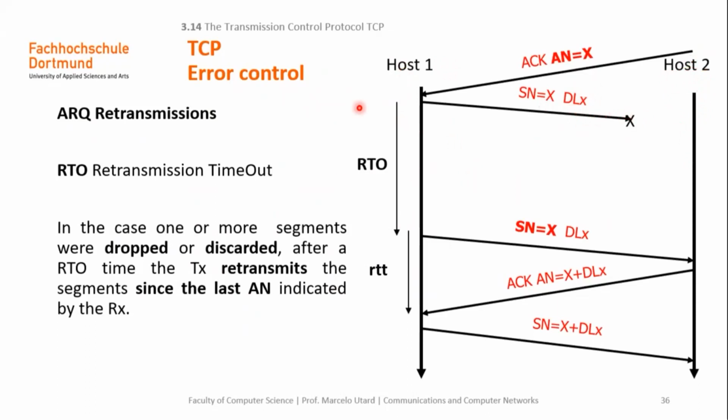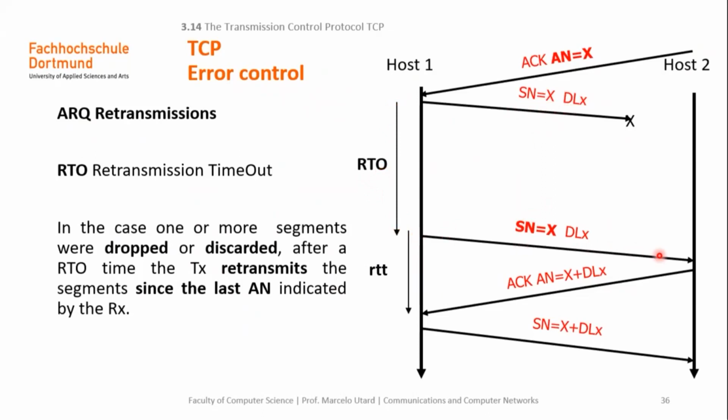And after a while, that is called the retransmission timeout, RTO, after this time, the transmitter will retransmit the same data, with this sequence number.